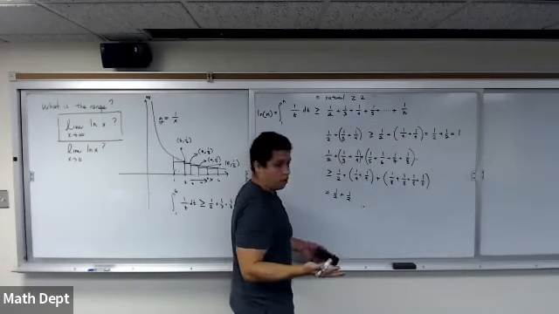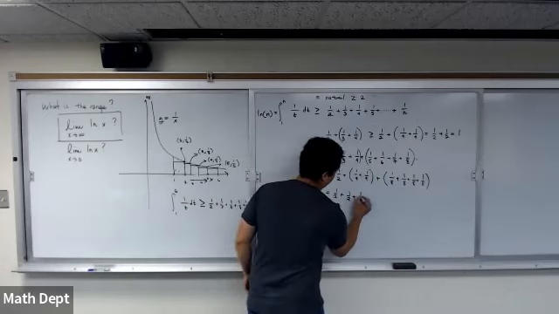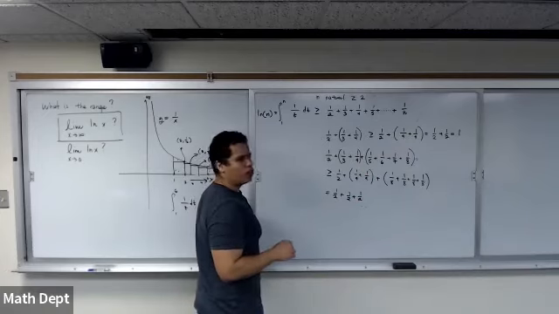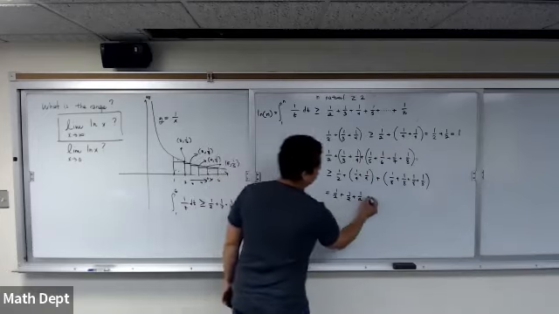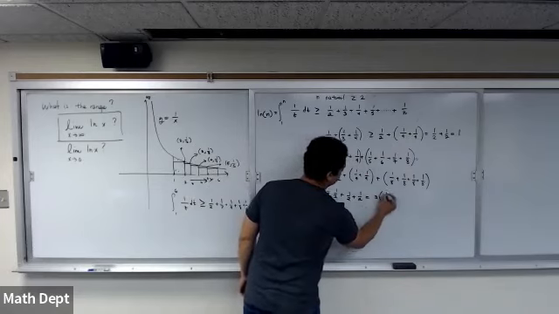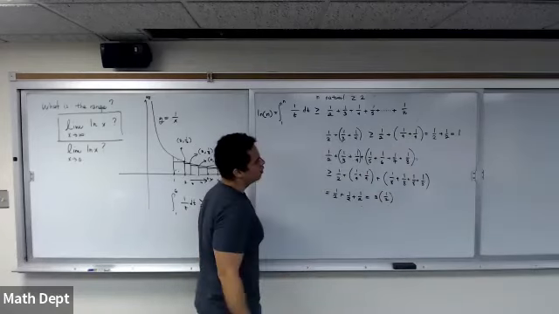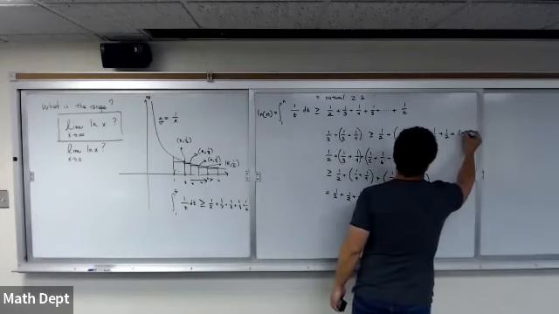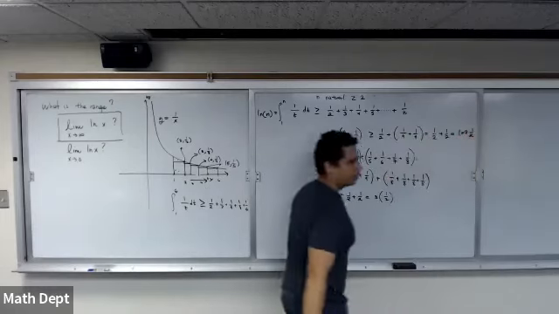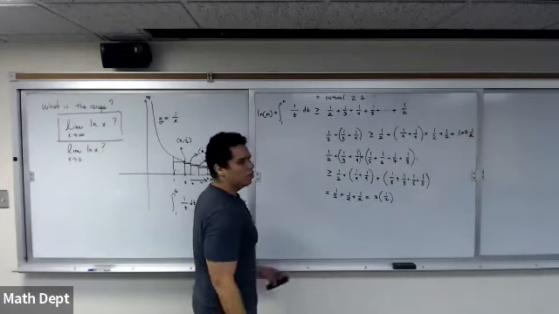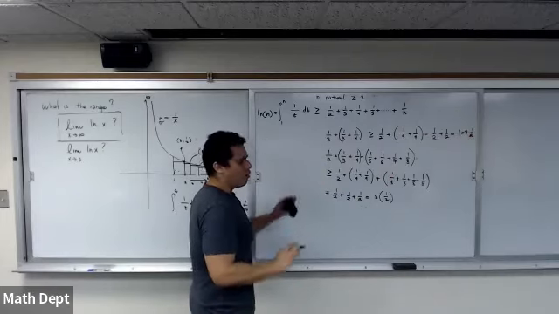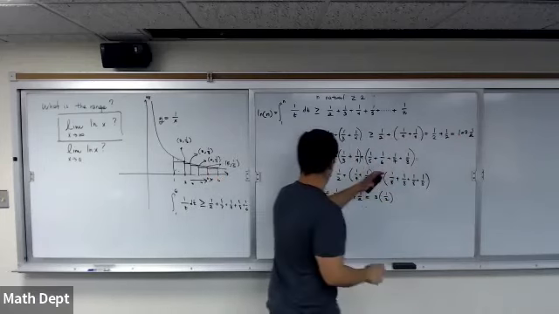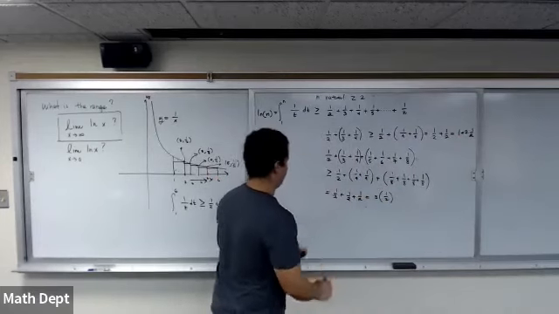Well, that turns out to be 1/2 again. Now I start to see a pattern here. Look, this is nothing else but 3 times 1/2. This one is nothing else but 2 times 1/2.